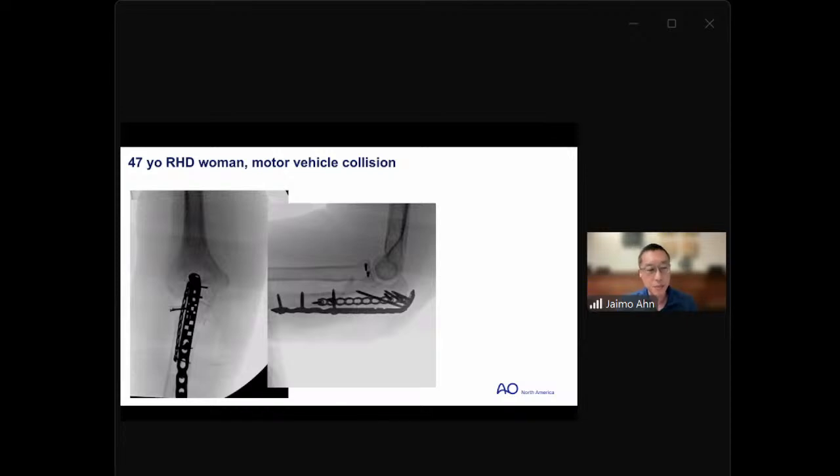So I used a mini fragment plate, and of all the cases that I'm showing today, this pre-contoured proximal ulnar plate is the only one that I believe I'm using that's pre-contoured. That's the only fancy plate. Got that fixation as well.